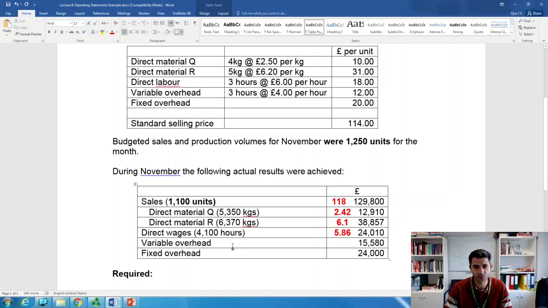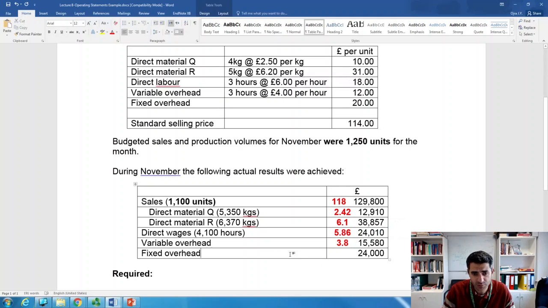The actual is 4,100 labor hours. So 15,580 pound divided by 4,100 equals 3.8, compared with £4 the budgeted.